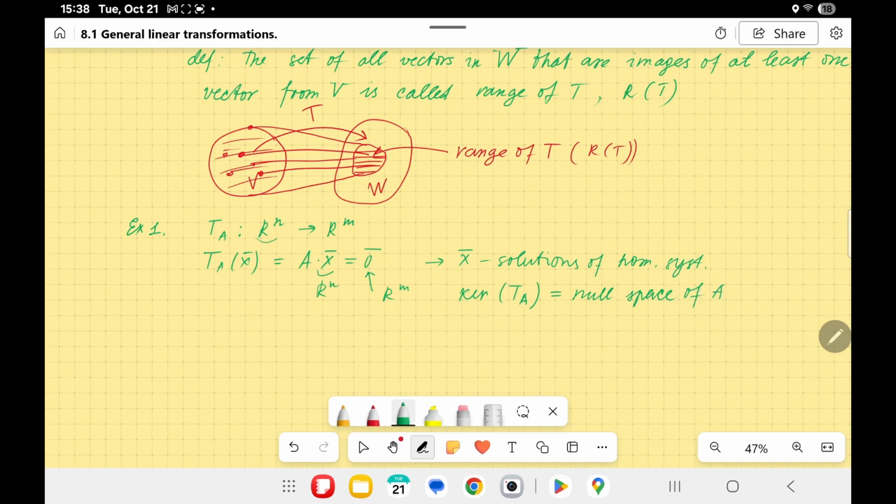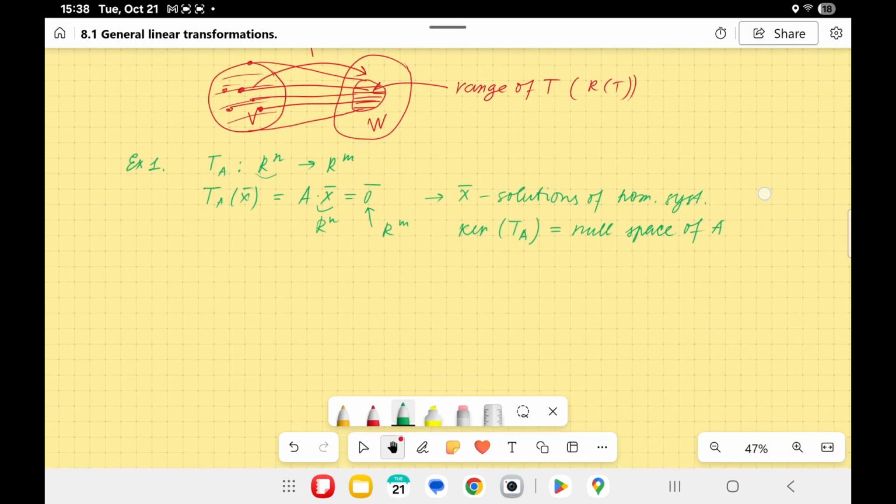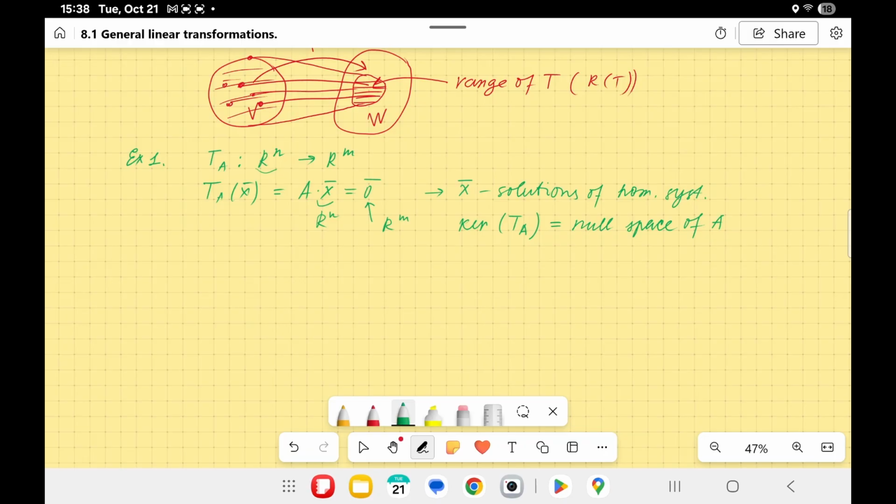What is going to be range? So I'm going to label it as 1, right? Range. Well, what happens to vectors x after we apply transformation AX? They are going to become some vector b, and if x belongs to the original space, this vector is supposed to belong to what?